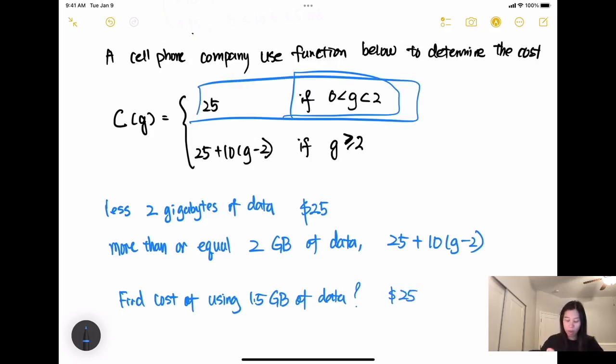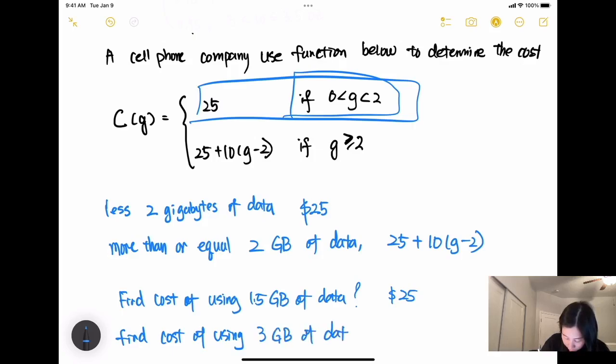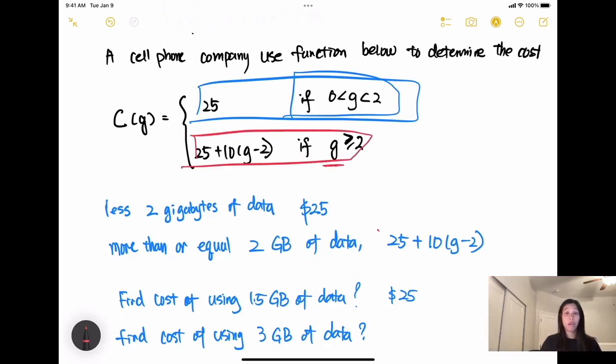That one is easy. What if I want you to find the cost of using 3 gigabytes of data? Well, for 3 gigabytes, I'm going to use a red pen, since G is greater than 2, I need to use the second formula.